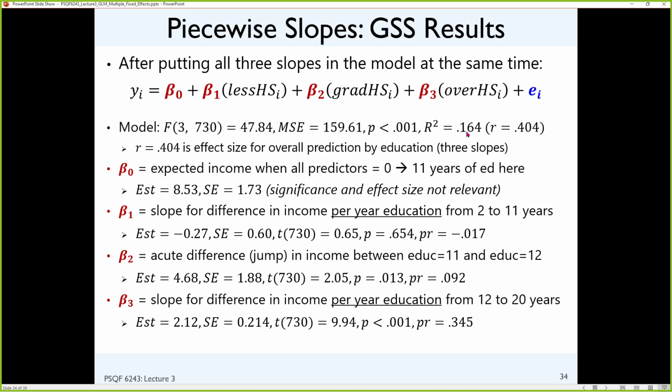And then if I unsquare that R, I get a correlation. What is it the correlation of? The other definition of R square. What is this the correlation between?